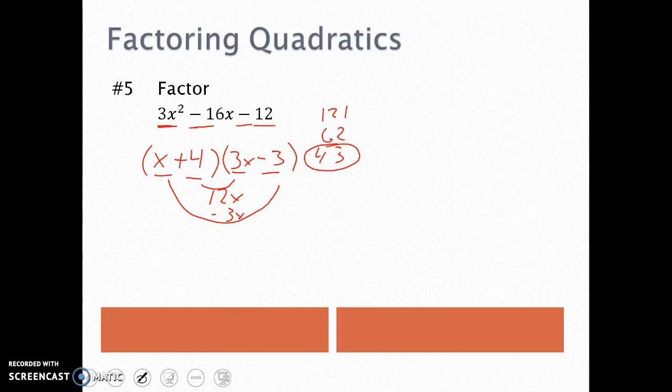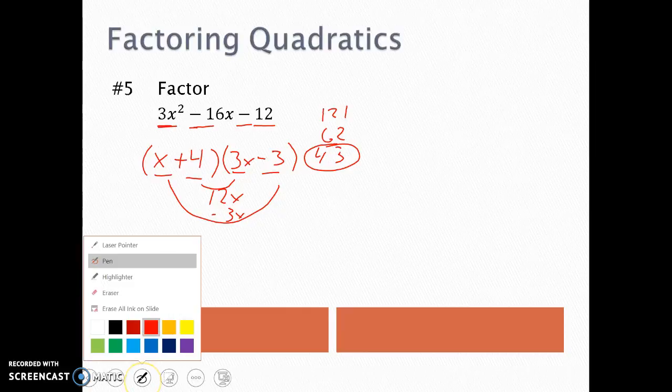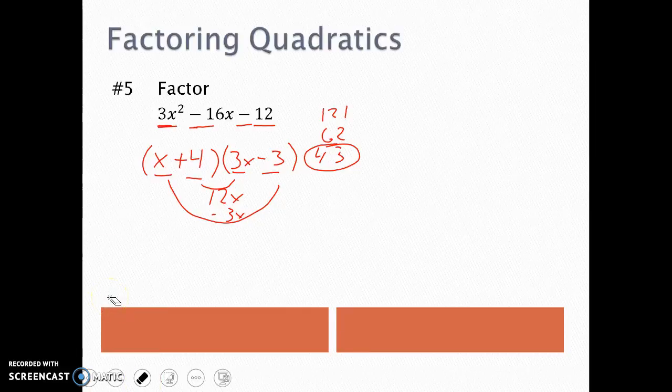So what I might do here then is erase what I've done and maybe switch the 4 and the 3 around. Maybe I'm going to put the 3 here and the 4 here. But then this is going to give me 9x. X times negative 4 is negative 4x, and it still doesn't give me 16x.